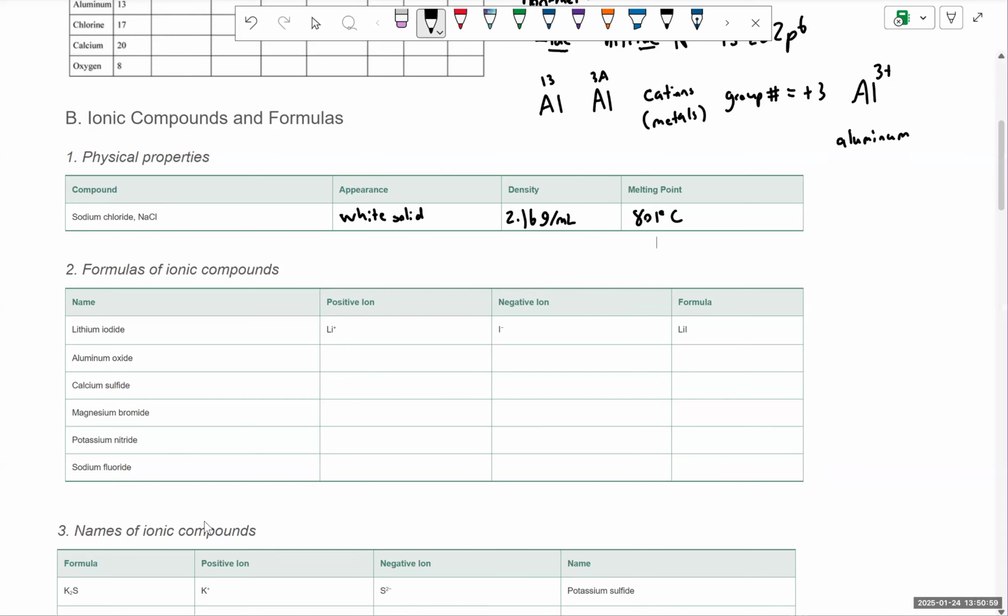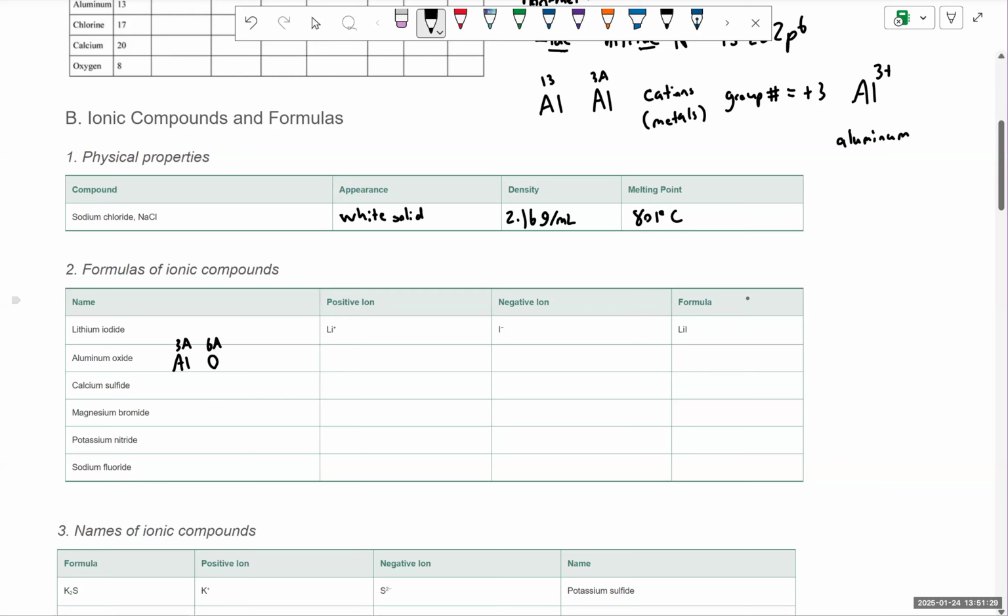Okay, for this second part, we are asked to, for each of these names, write the formula of the positive and negative ion for this ionic compound, and then write the full formula for said ionic compound. Okay, we can do that. So for aluminum oxide, I'm just going to make a note. We have aluminum, which is a 3A element, and oxygen, which is a 6A element.